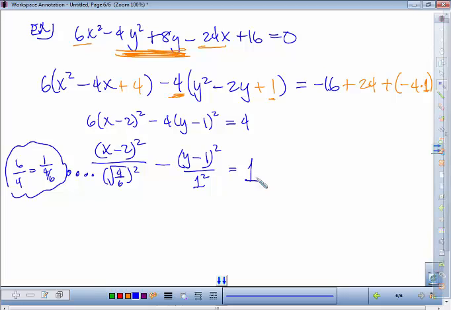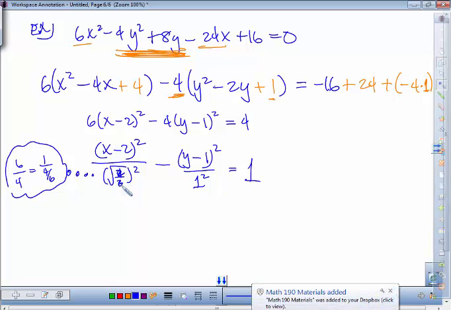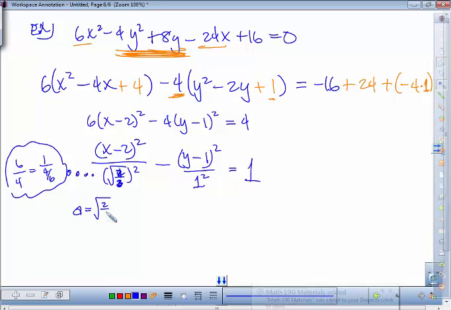Okay. Now let's get an approximation for the square root of 4/6. I guess that's 2/3, isn't it? What's the square root of 2/3? 0.82.